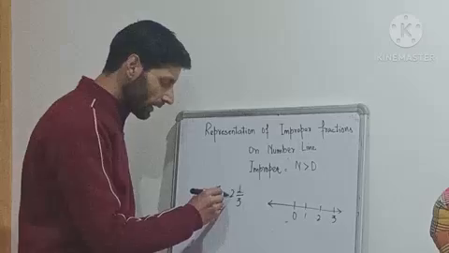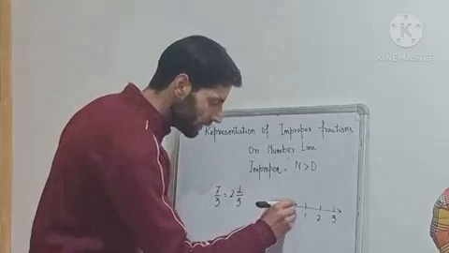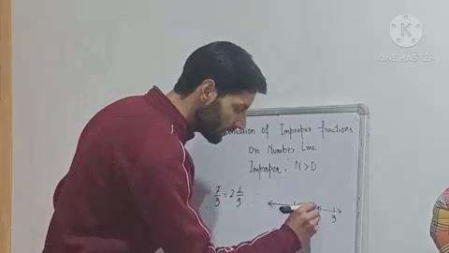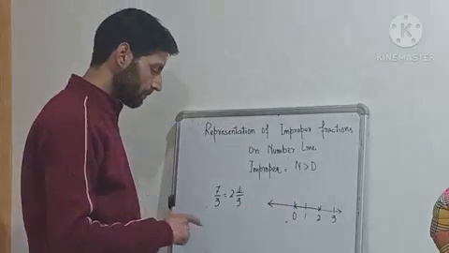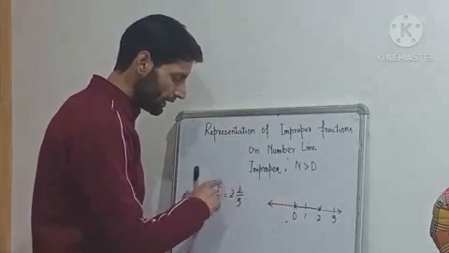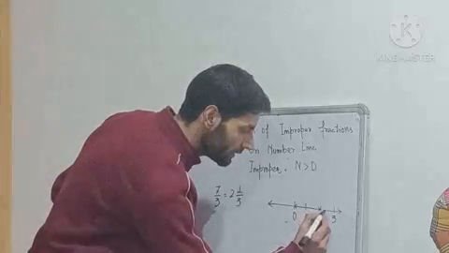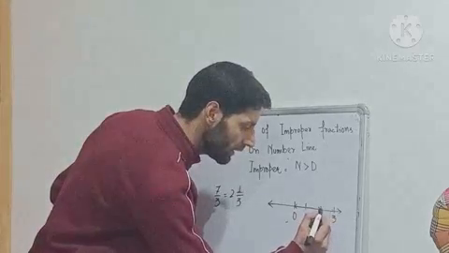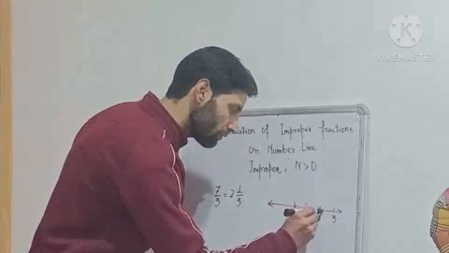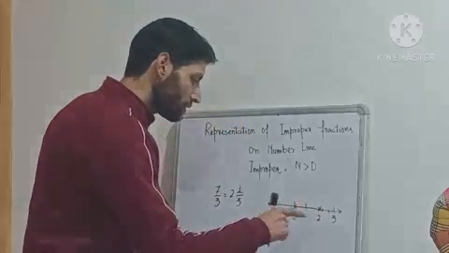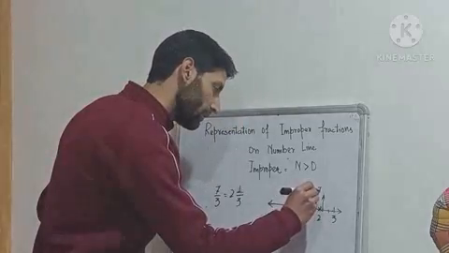So this 7/3 contains 2 complete numbers, that is this part contains completely, and 1/3. So 1/3 lies after 2. So we can divide that part which is after 2 into 3 equal parts, 1 2 and 3. So first part will denote 7/3.